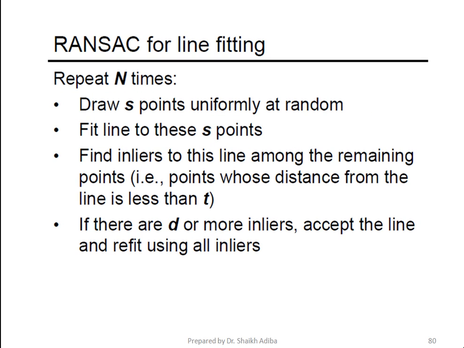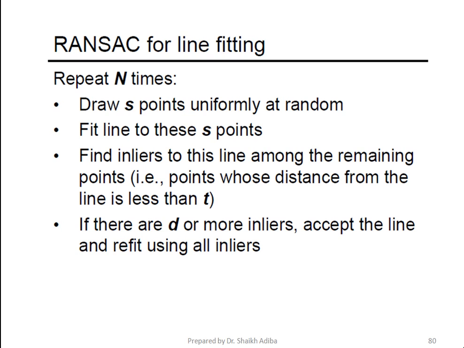So here are the steps that we are actually doing in the RANSAC algorithm. For line fitting, we have a loop: repeat n times. That means this loop will be iterated n times, and n can be any number. The first step is to draw S points uniformly at random.